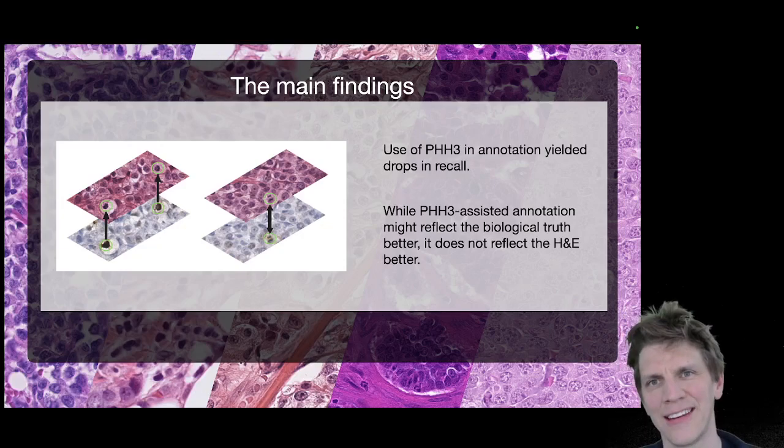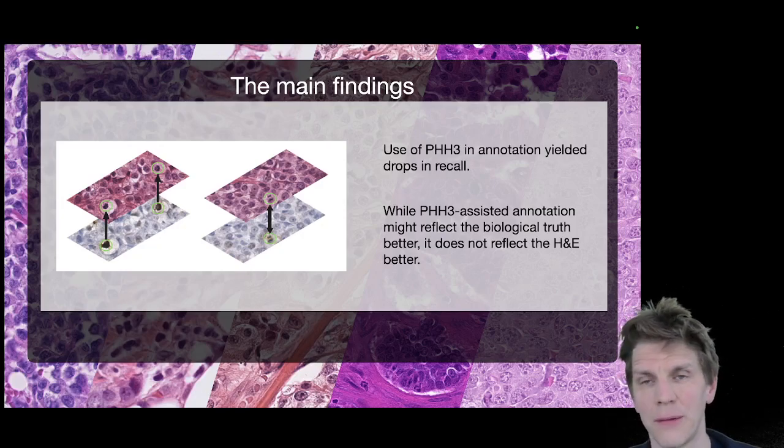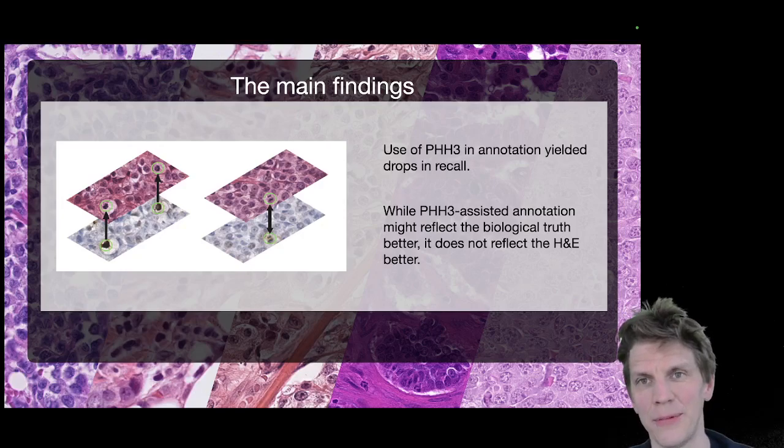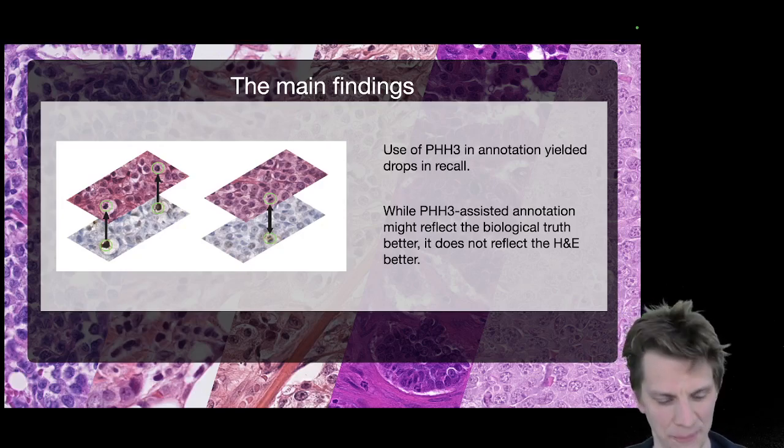However, a post-hoc analysis found that many of those cases were really indistinguishable in the H&E alone. So in summary, that means that while the PHH3 is more accurate in terms of reflecting the biological ground truth, it's not necessarily accurate for the H&E. So using the PHH3 labels for the H&E might come with some serious drawbacks.